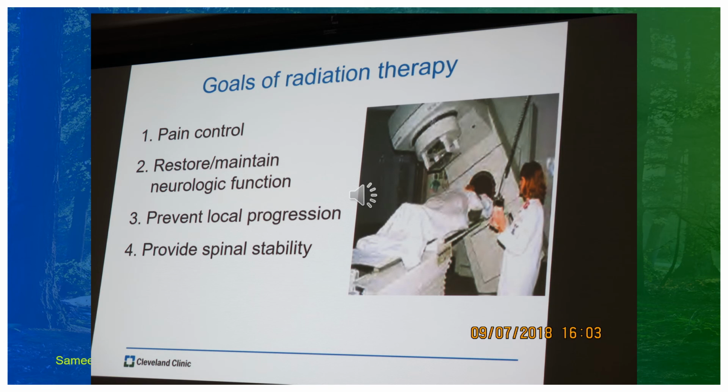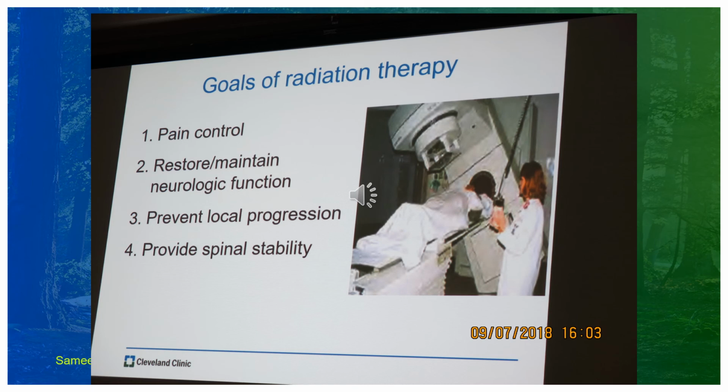Radiation treatment in a patient with spine secondaries is very important. The goal of radiation therapy is pain control. So a patient with spine secondaries cannot be adequately treated with medication only. Radiation treatment is pain curative in a patient with spine secondaries.